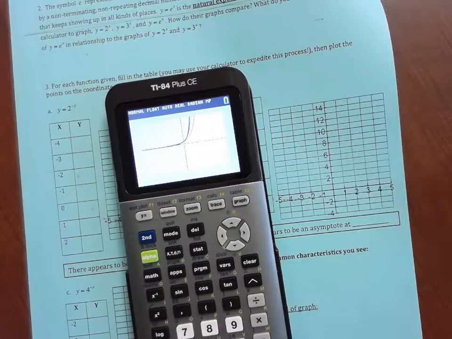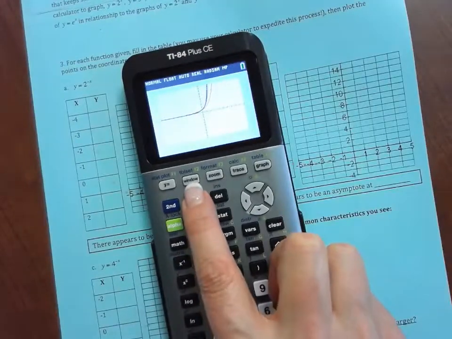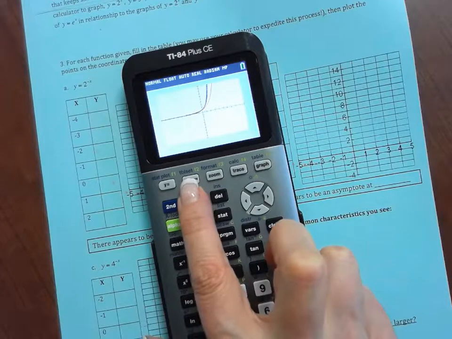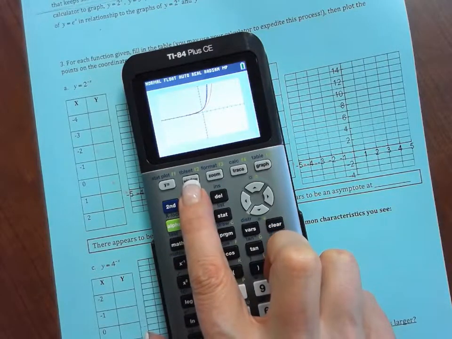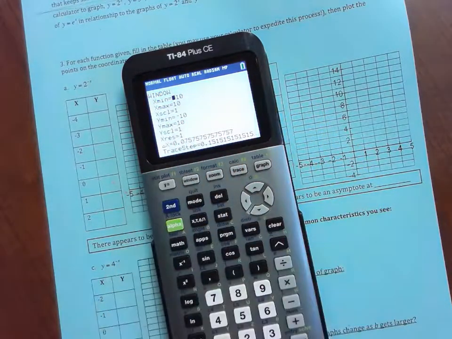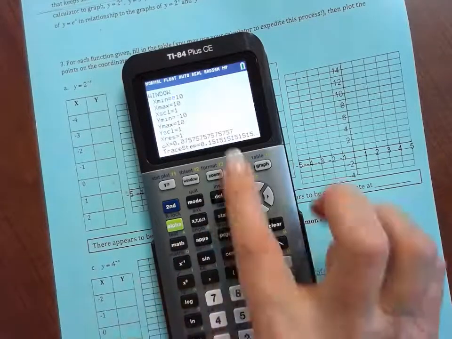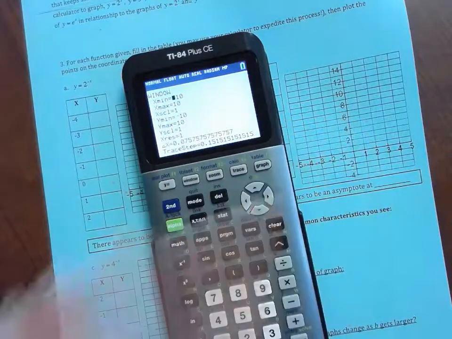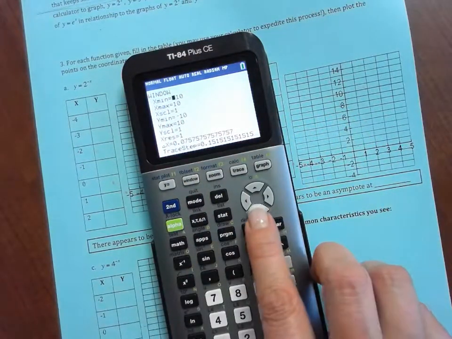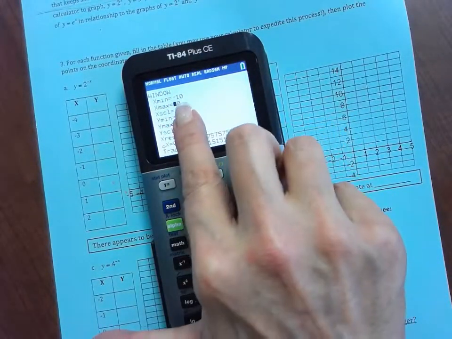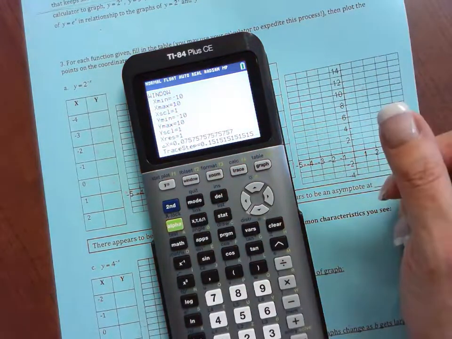Your window dimensions. Go to invalid DIM means window dimensions. You hit your window and do it from like -10 to 10. Is your Y at -10 and 10? And this is the spacing, so I have it at 1.